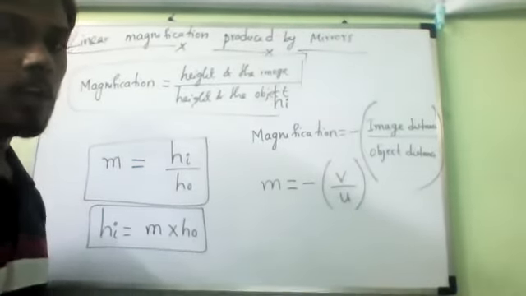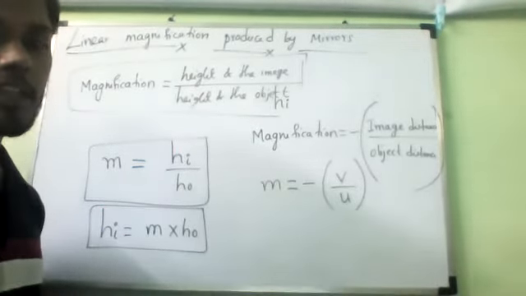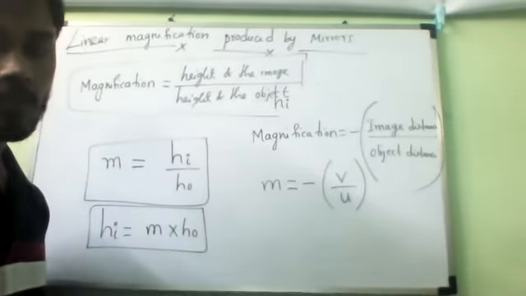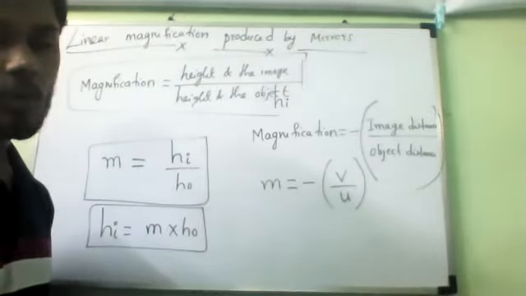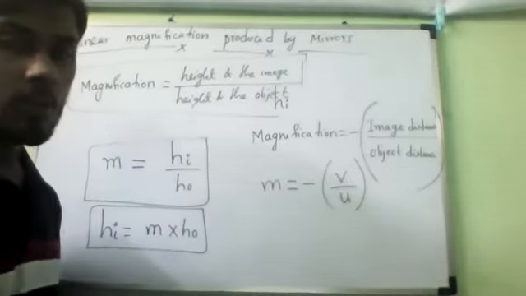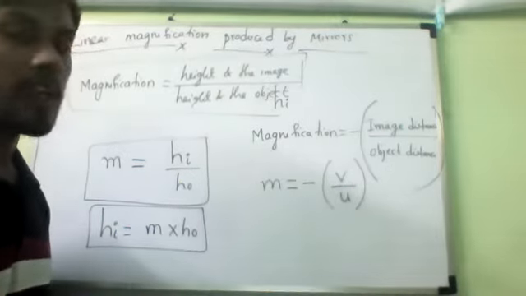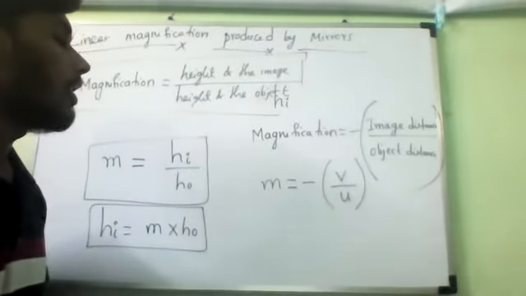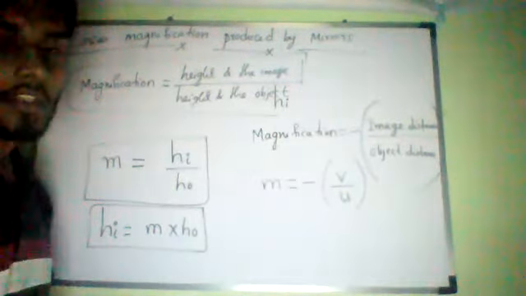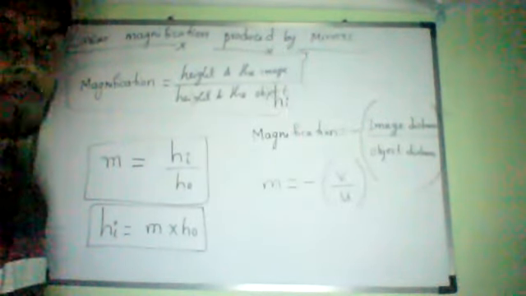The ratio of the height of the image to the height of the object is known as linear magnification.